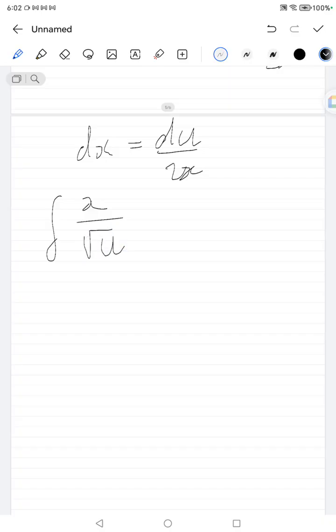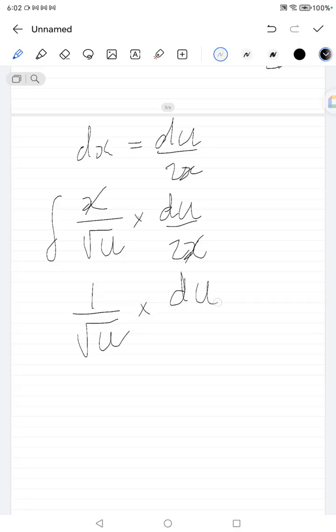Then remember the dx is going to be changed into du over 2x. Then you see this one and this one, they cancel, so now you can have 1 over root of u multiplied by du over 2. So we still have this.